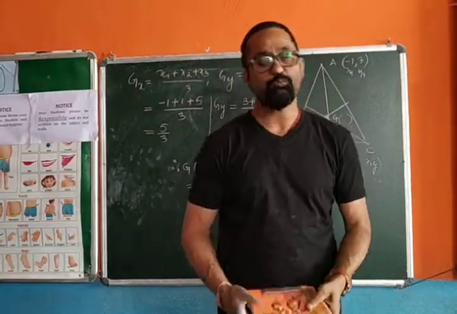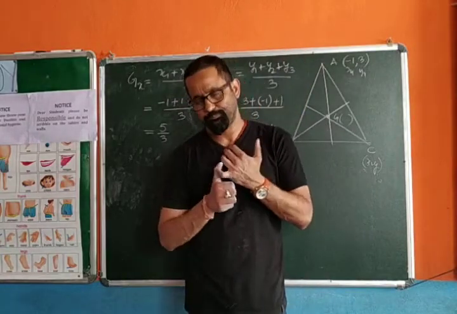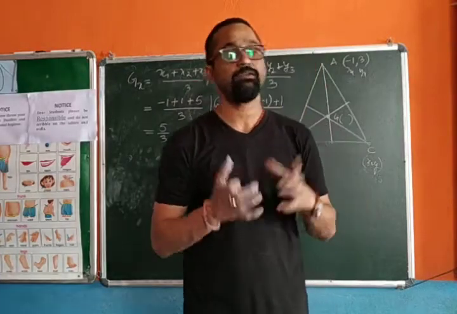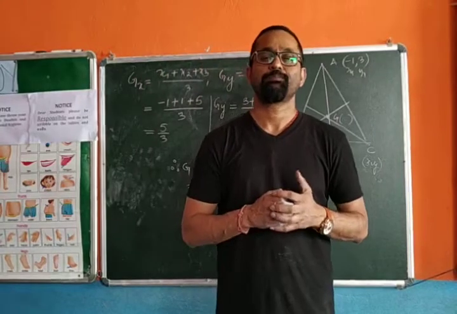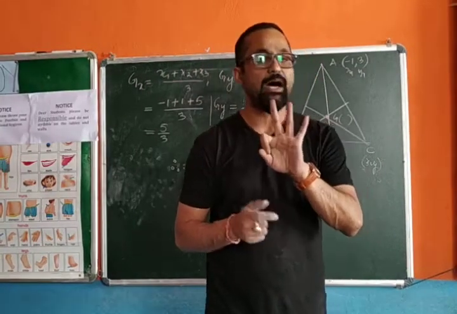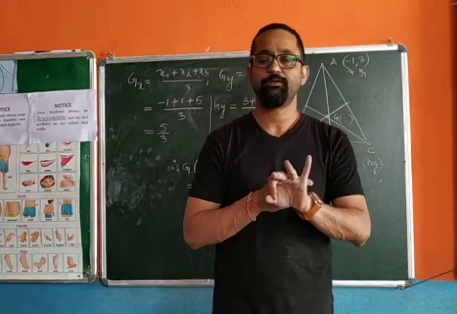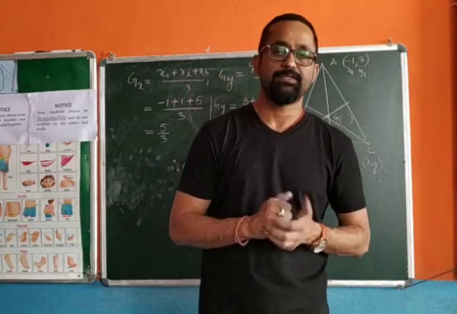So please do practice sums from the exercise, finding the coordinate of a point when the ratio is given based on section formula, midpoint formula, centroid. So this section formula has three parts: section, midpoint and centroid. Please do practice. Thank you very much. Stay safe.